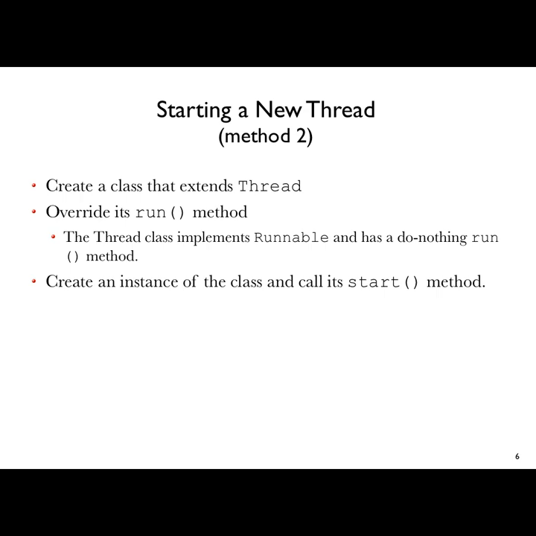You can both extend another class and implement an interface. So that's probably the best way to do it. But basically, you do the same sort of thing. If you do that, you create an instance of that class and call the start method.